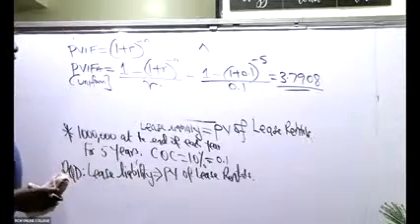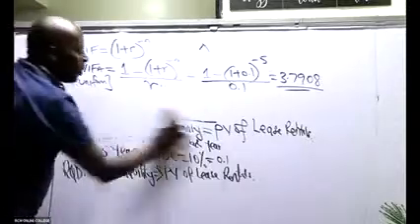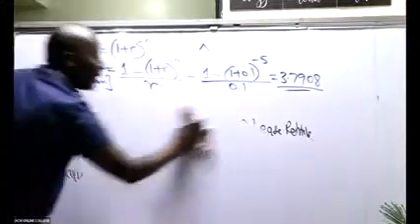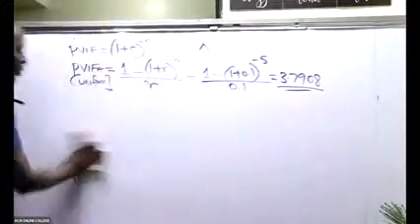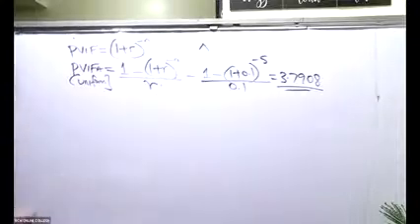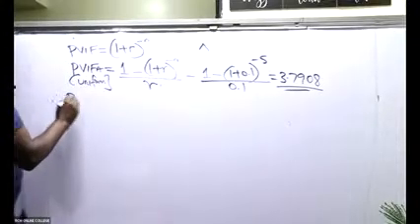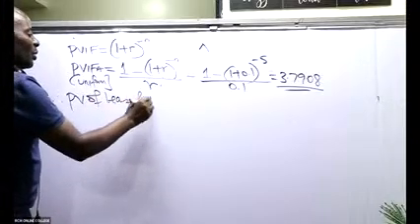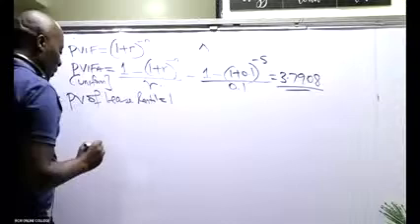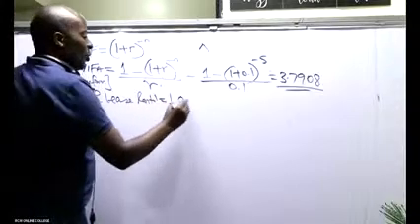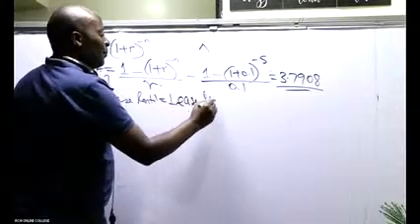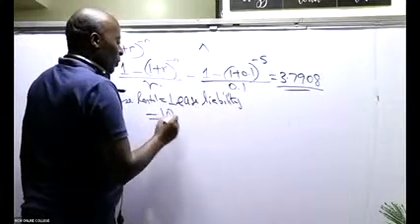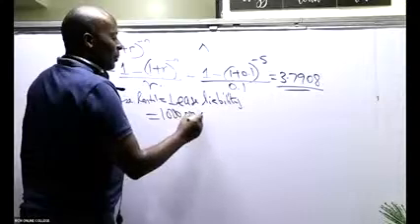Therefore, the present value of our lease rentals, which in this case is our lease liability, will be equal to the annuity of $1 million times PVIF.